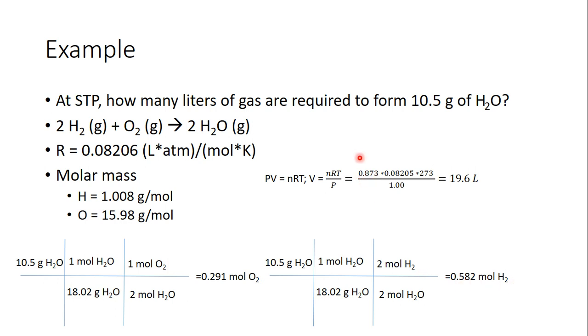So I need at least 0.8773 moles of ideal gas to make this reaction happen. R is a constant. T is a constant because we're at STP. P is a constant because we're at STP. So I need 19.6 liters of gas to make 10.5 grams of water.